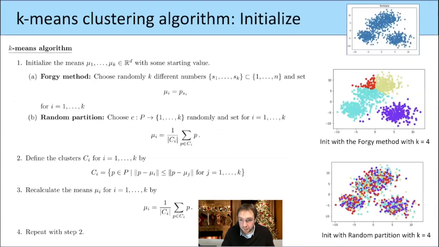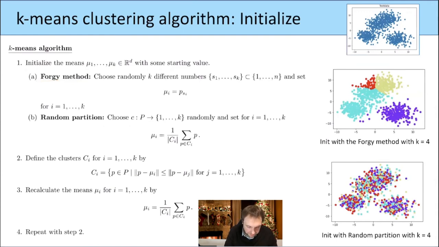So we will discuss 2 of them. There are 2 popular ways to choose these starting values. In the explanation before, I just chose random points in the plane. But there's a so-called Forgy method, which is named after some guy.